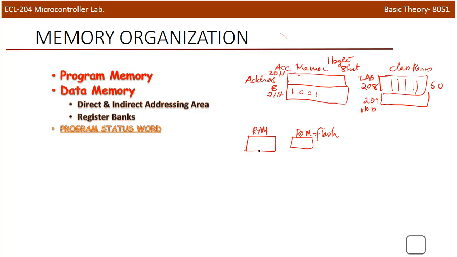Again, we need to discuss two types of memory, RAM and ROM, and also what the structure of this RAM is internally, and how we can add extra RAM and ROM externally, and what is the maximum size of internal RAM and external RAM. Similarly, what is the maximum capacity of internal ROM and external ROM, and what is the total capacity. So that we will discuss.